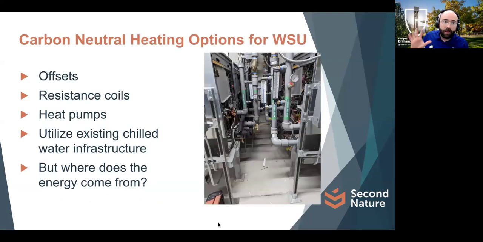The previous panelists have done an excellent job of explaining what Geo-Exchange is. I usually use the term ground source. Those two terms are interchangeable. These are the options we looked at. Number one was, what if we just offset all the natural gas we burn? Traditionally, our baseline natural gas consumption is about 200,000 decatherms a year.